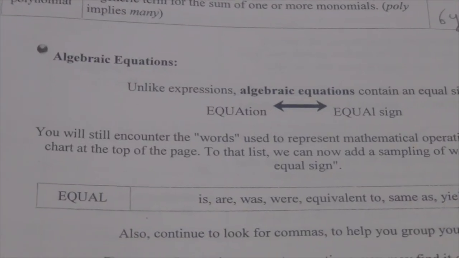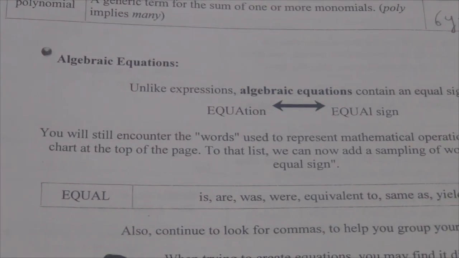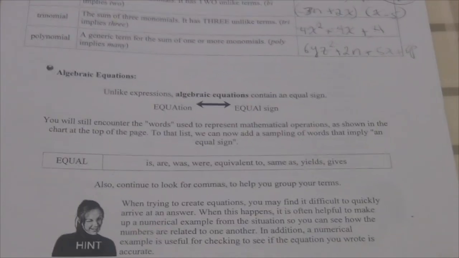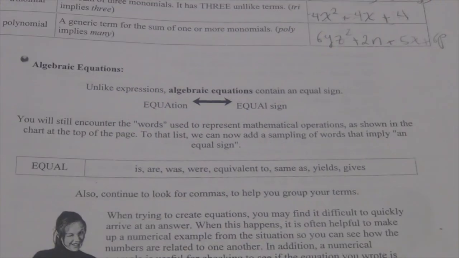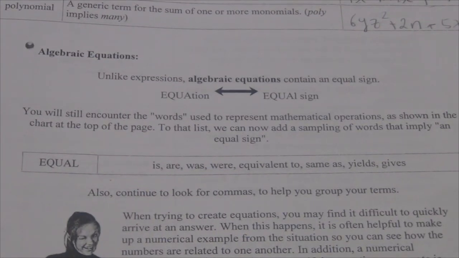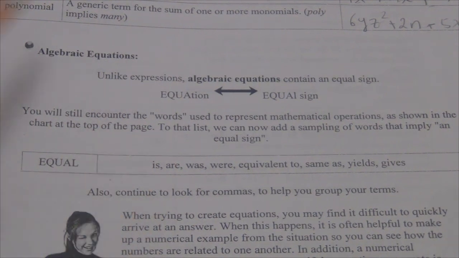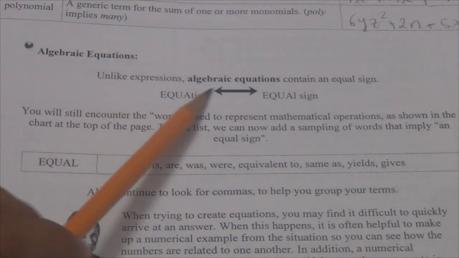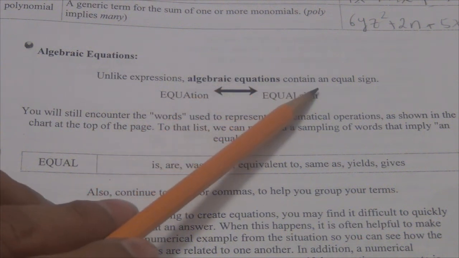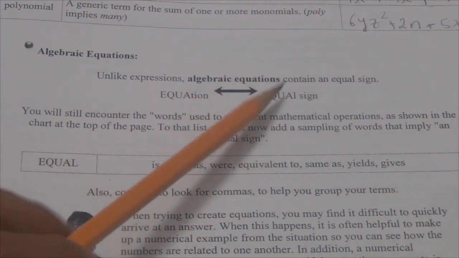Alright, so algebraic expressions. Let me make this smaller now because we need to read the whole thing. Alright, so algebraic expressions, unlike expressions, algebraic equations contain an equal sign. I said it before.